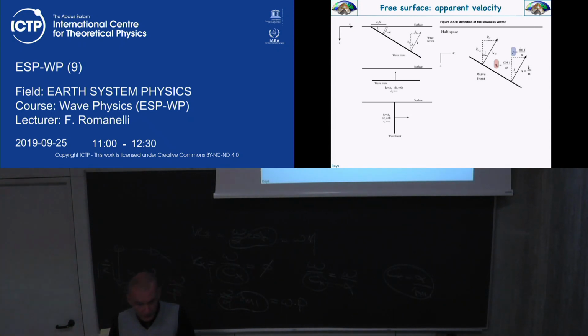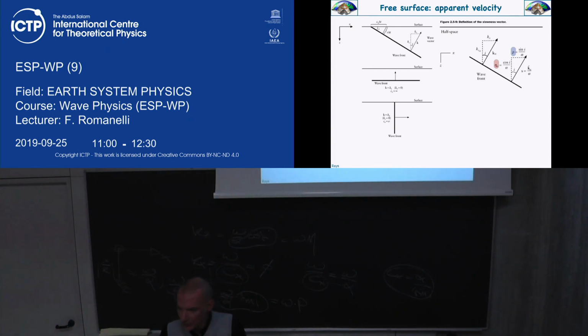That's the quantity related to Snell's law. Do you agree? Yes. So whatever that ray is going to do in its life, that quantity will be constant. You can imagine now to put whatever interfaces, but once the ray starts, the x component of k will be always the same.